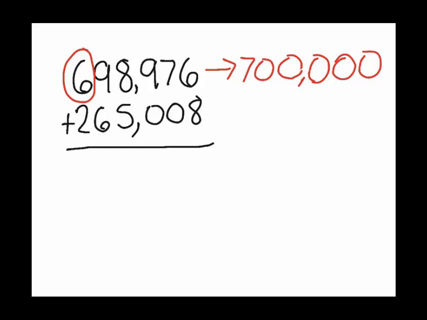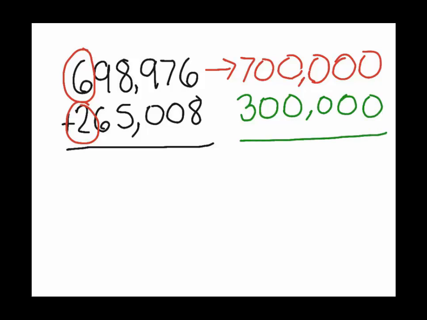And then we would do the same for the other number. 265,000 is closest to 300,000. And we know that we're adding, so we want to put that operation symbol there.